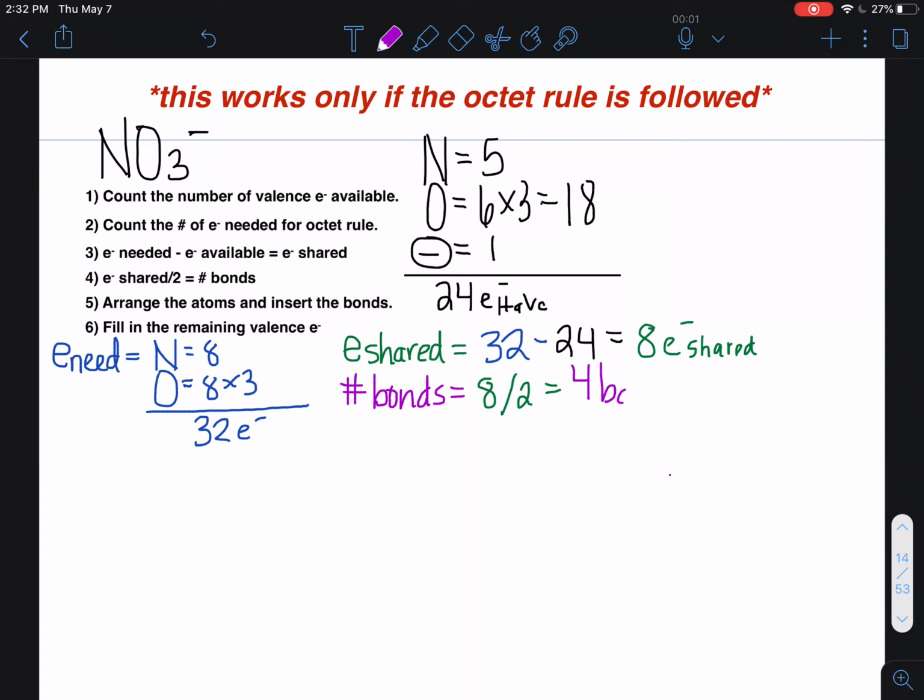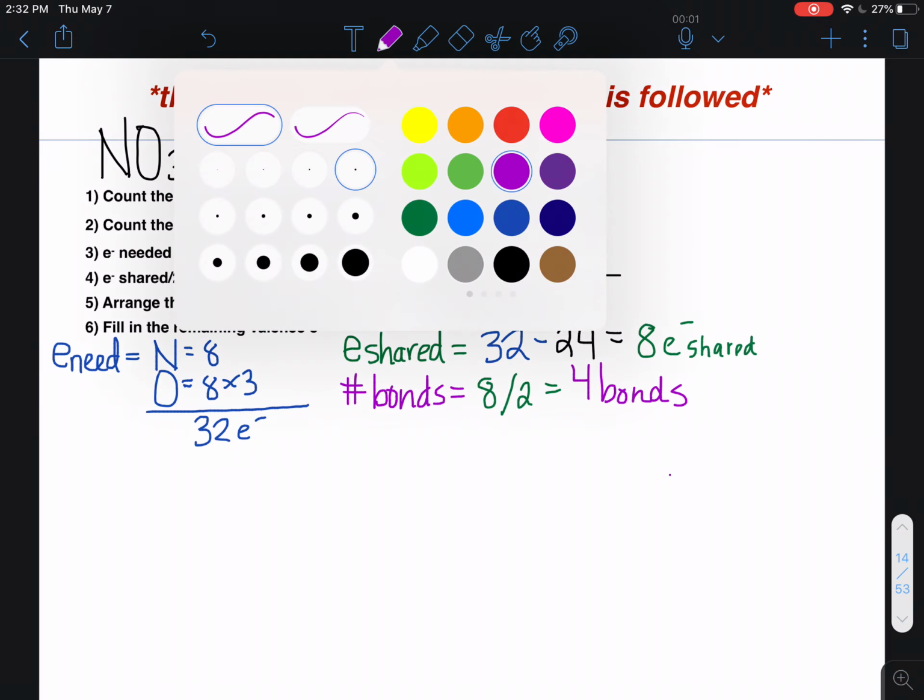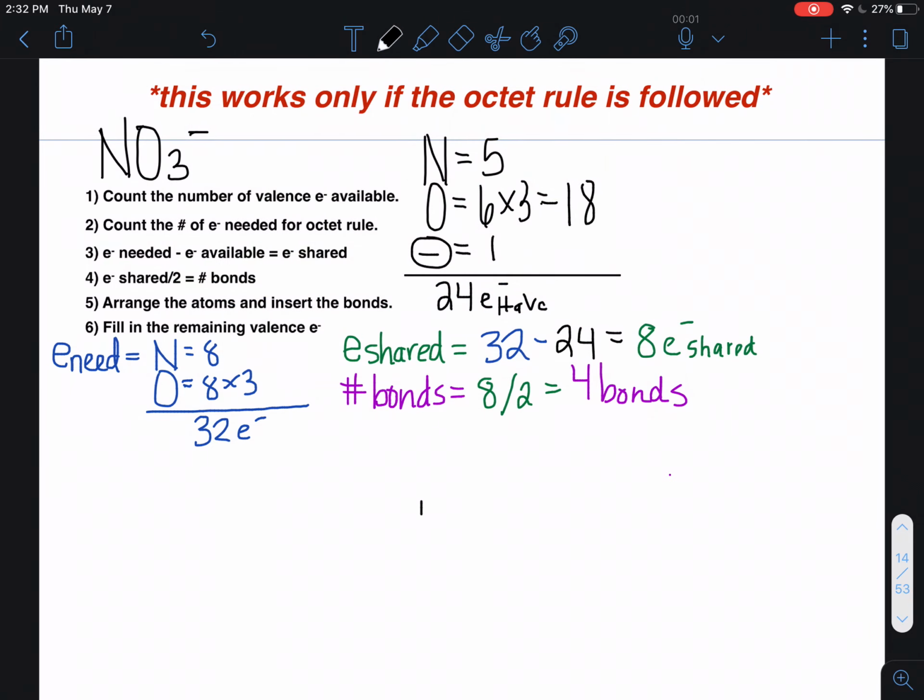So there are 4 bonds associated with this, okay? Our central atom is nitrogen, and then we're going to place the oxygens around it. Okay, actually I'm going to do it like this. Okay, that's because I know what this looks like, so I know what to do.